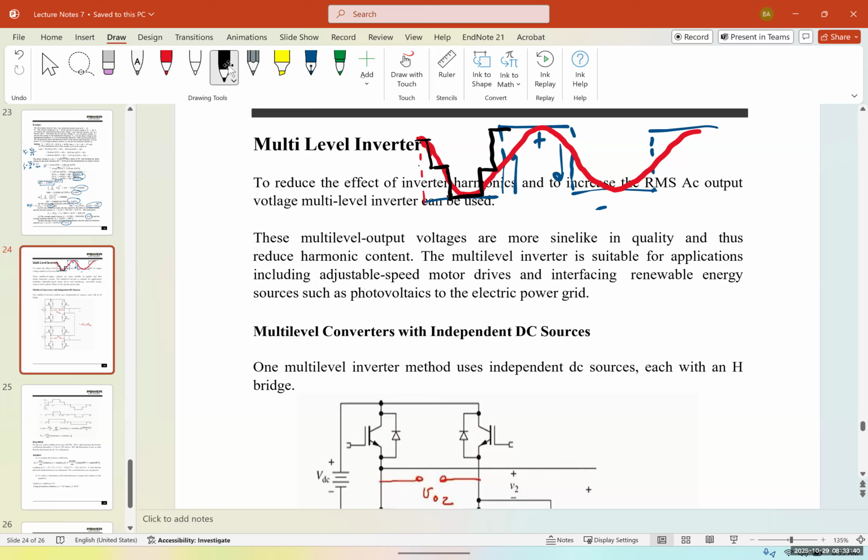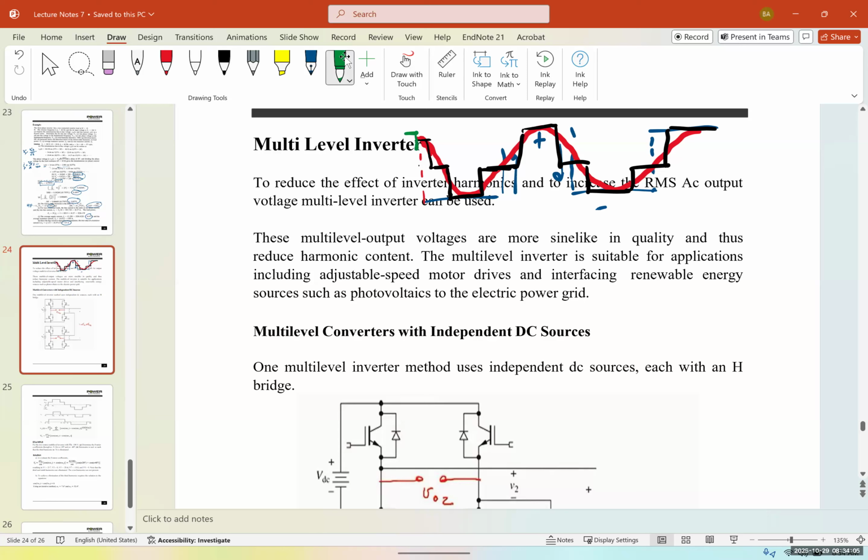So now what I have is something that is closer to the sine wave. Here I have two different levels. What if I have four different levels of voltage? I'm going to draw this one with green.